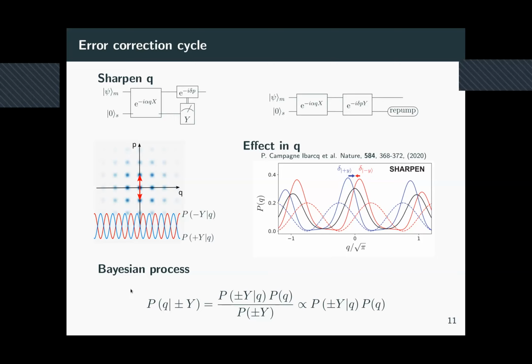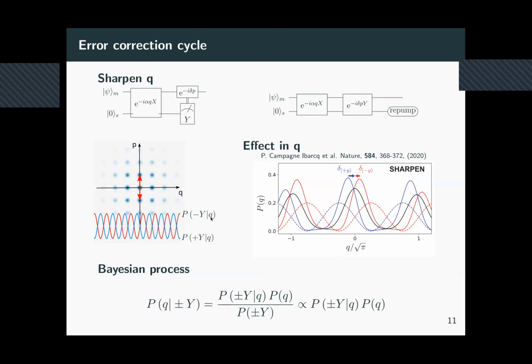Thinking again about these two pictures of the spin-dependent displacement, you can think that if you start in a fully mixed GKP state, which is in the manifold of the error correction sequence, then we first do this spin-dependent displacement, which is like a displacement by the stabilizer of the code. And if you think of the picture where this is a rotation of the spin depending on the position, then you can think that the spin state gets rotated according to these.